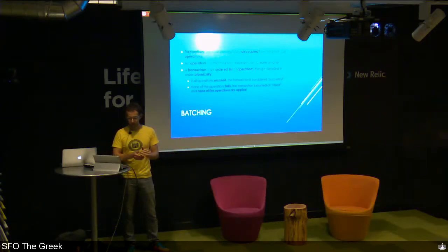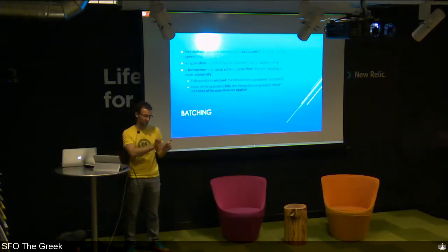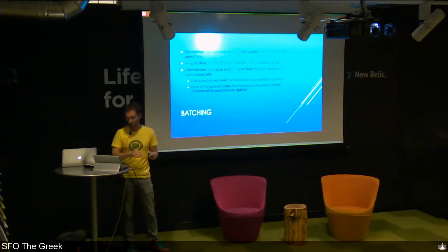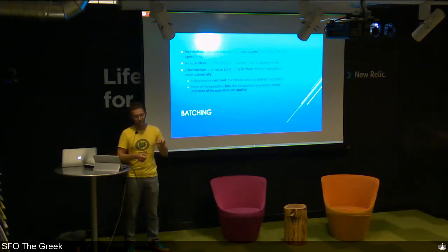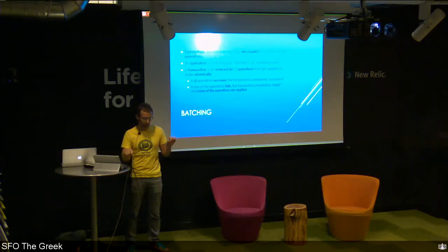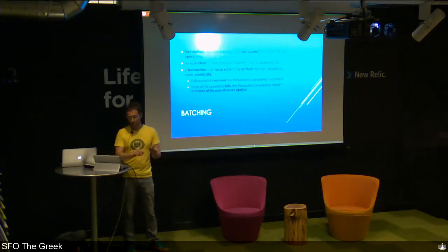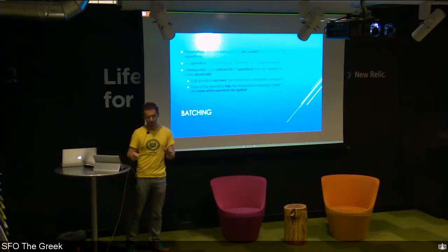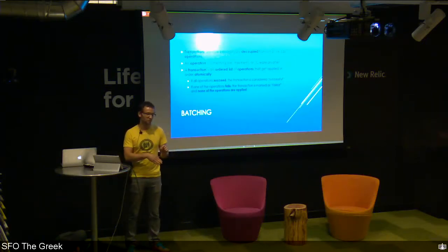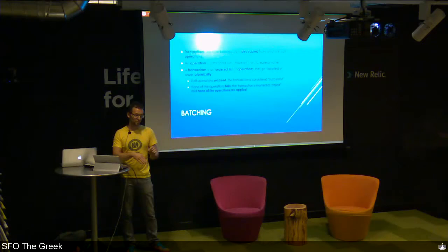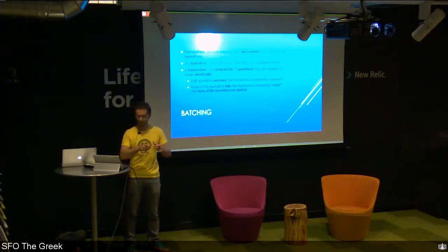A transaction is an ordered list of operations that get applied in the order they show up in the transaction, in an atomic fashion. That means if all the operations succeed, the transaction is considered successful. If one of the operations fails, all the operations' side effects are rolled back, and the transaction is considered failed.